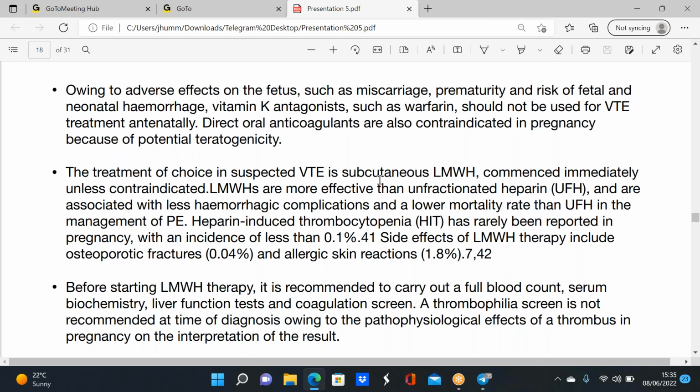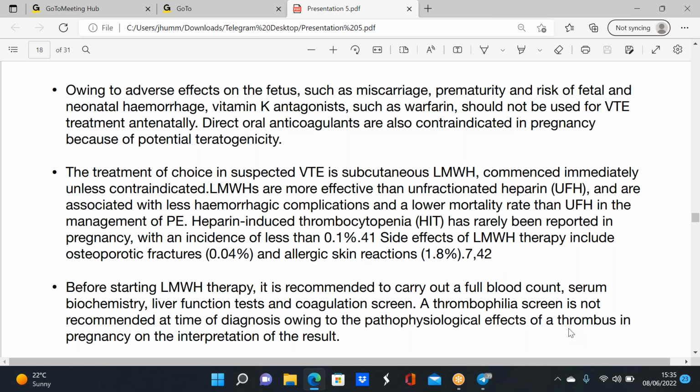Treatment of choice is always subcutaneous low molecular weight heparin. It should be commenced immediately unless contraindicated. Low molecular weight heparins are more effective than unfractionated heparin and are associated with fewer hemorrhagic complications and a lower mortality rate than unfractionated heparin in the management of PE.